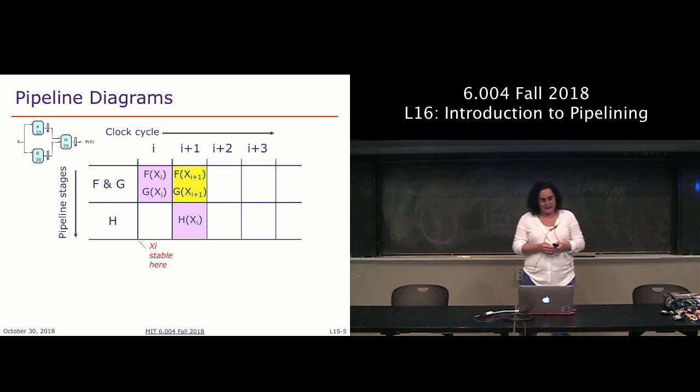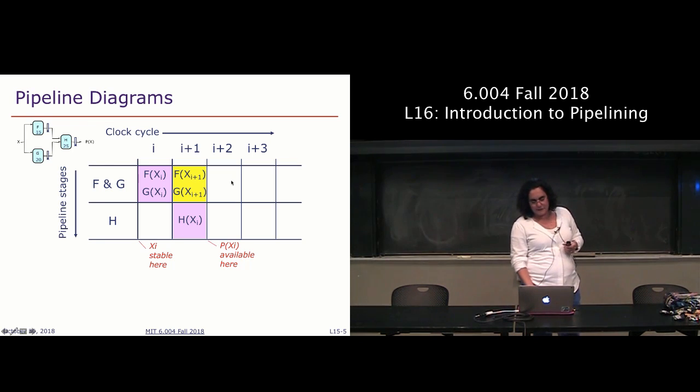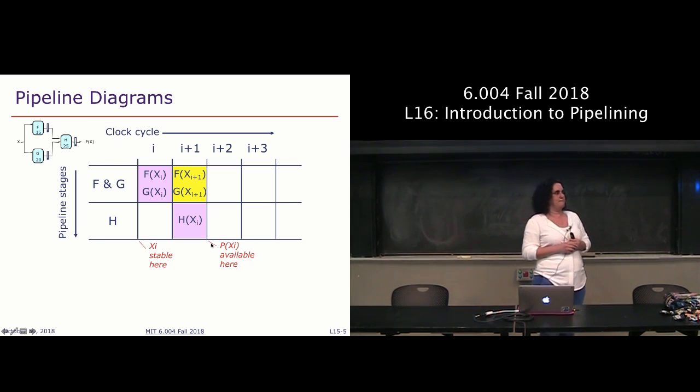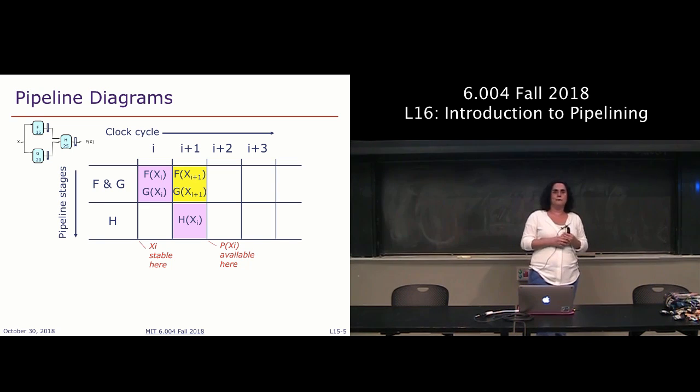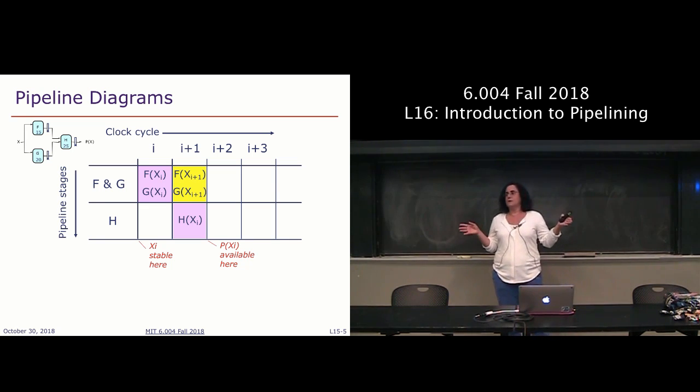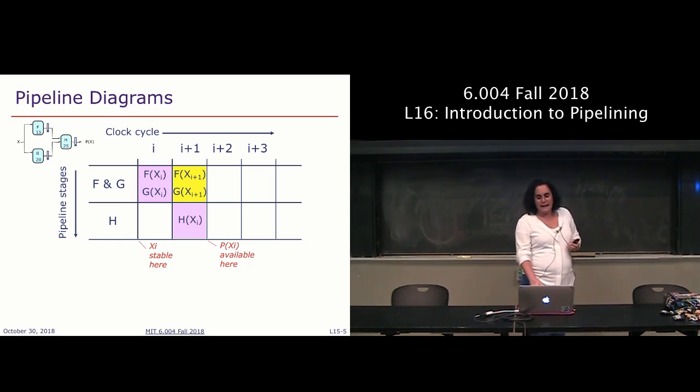And then what we see here is that after 2 clock cycles, P of x of I is ready. So my output corresponding to that initial x of I input took 2 clock cycles to produce. Another thing we see is that a particular input propagates down this pipeline diagram diagonally, okay?